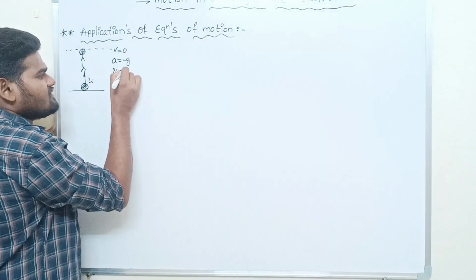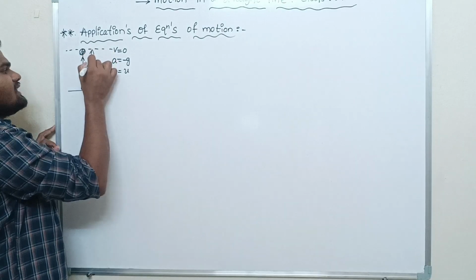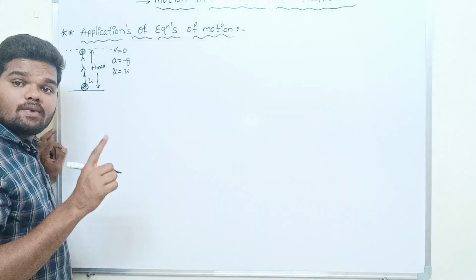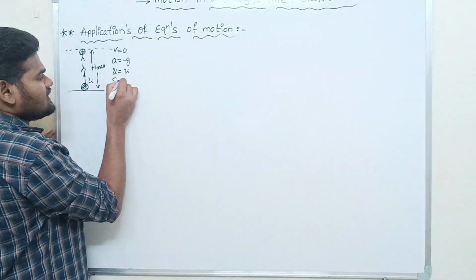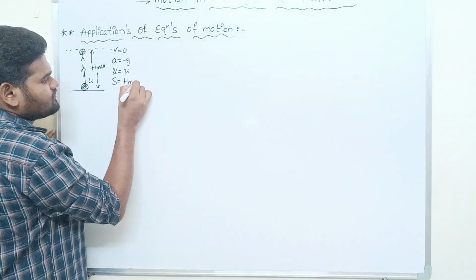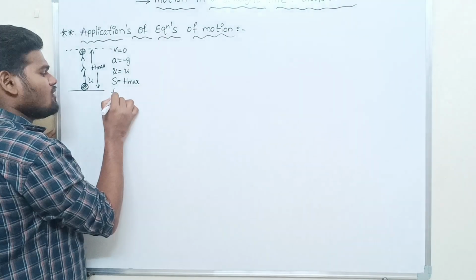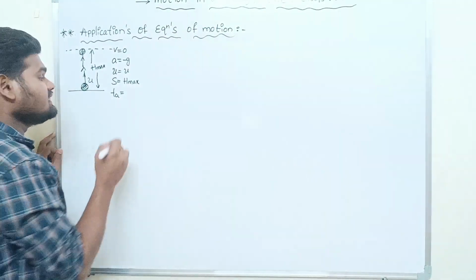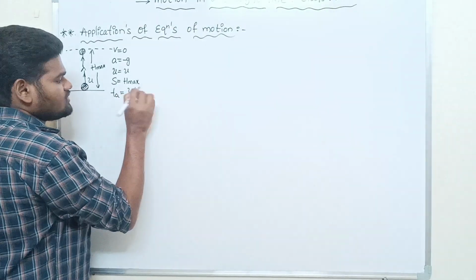The displacement is H maximum, and the time taken by the object to reach maximum height from the point of projection is called the time of ascent, ta is equal to u by g.